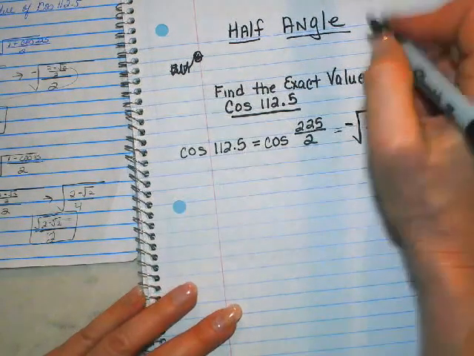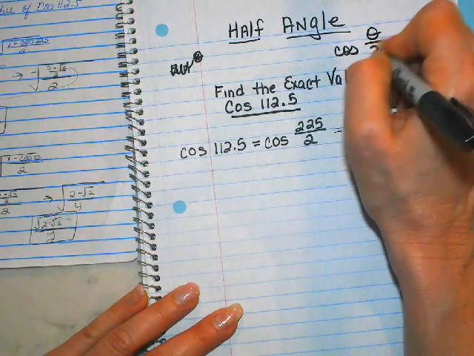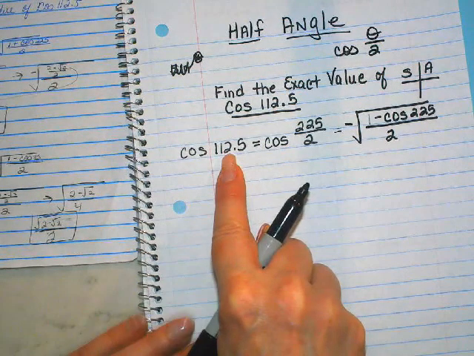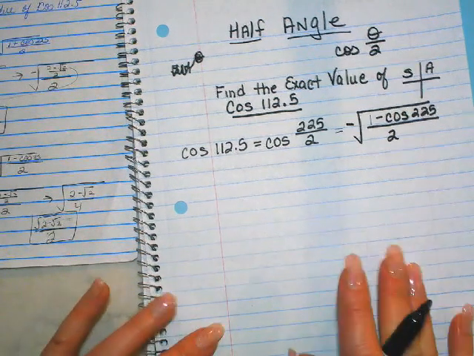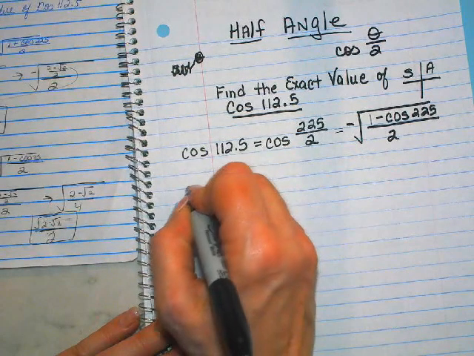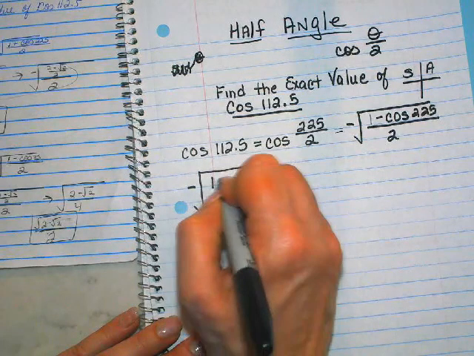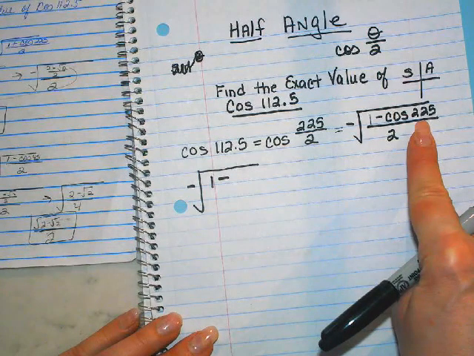Again, the half angle formula is the cosine of some angle divided by 2. That's the angle that we put in there, and it's going to give us that. Now we're going to have to simplify this. This is when our math skills are really put to the test, so pay attention and follow me. It's negative the square root of 1 minus the cosine of 225.